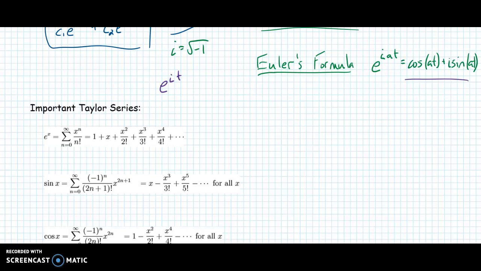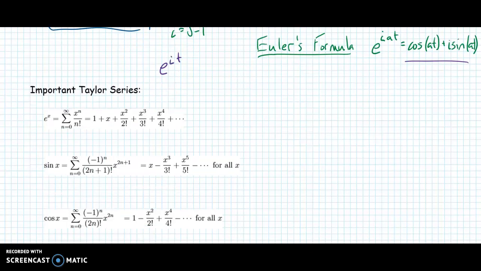So, want to do e to the it. How do I do it? Well, I don't know how to do it, right? But I do know that I can expand an exponential like this. Notice this is e to the x. Everywhere there's an x here, right? I can do e to the it by replacing all of these x's right there, right?